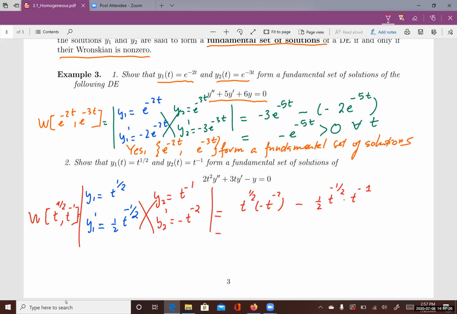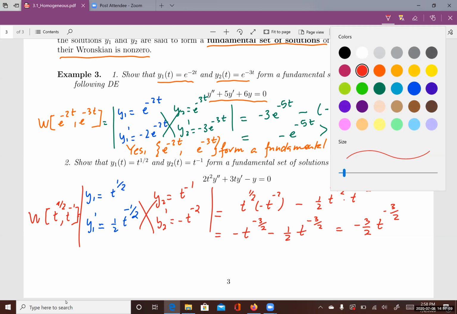Okay, and you will have negative t to the negative 3/2 minus 1/2 t to the negative 3/2, and that will give you negative 3/2 t to the negative 3/2. And since this function has a negative power, it will be defined and different from 0.